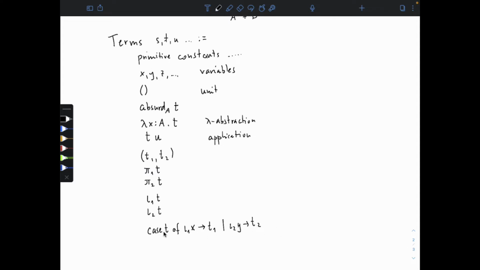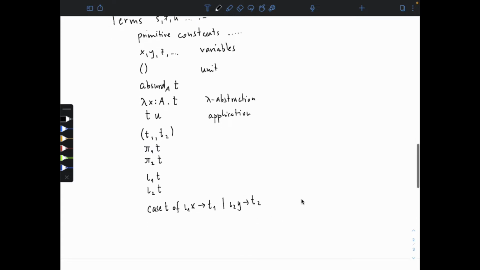You would say if T came from a sum, it's either of this form or that form. In this case we have T1, in the other case we have T2. But this is also kind of nasty for writing rules. So sometimes people invent all sorts of things, but one would be to say it's a T, but then here they need to indicate the variable, so they might write something like this. You will see different notations, but anyway, it's a case statement.